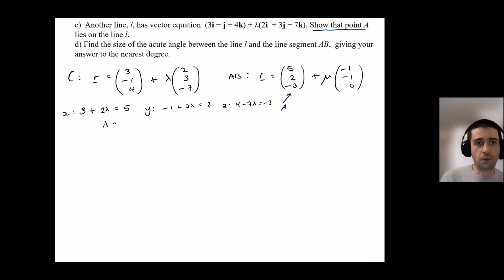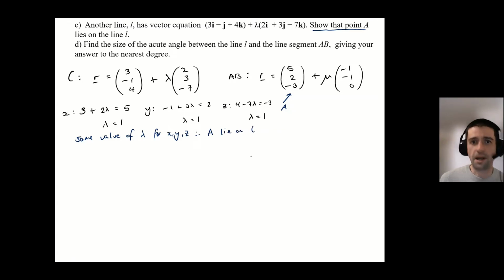Now, if I solve all 3 of these equations, they all have the solution lambda equals 1, and the fact that they all have the same value of lambda for x, y, and z means that the point A must lie on the line L.